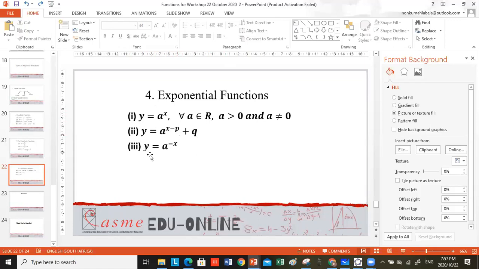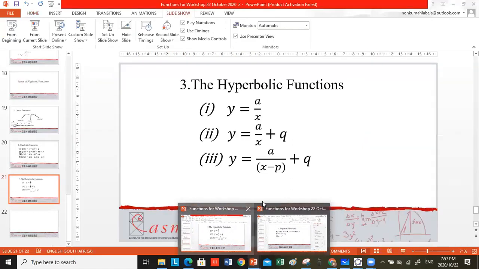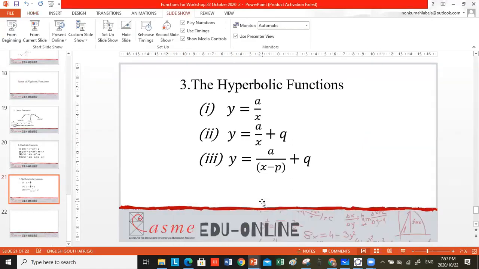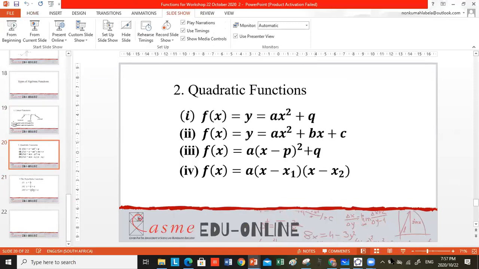And also we can have y equal to a to the exponent negative x. Let me come back to this other one and check if we can do these functions using GeoGebra.